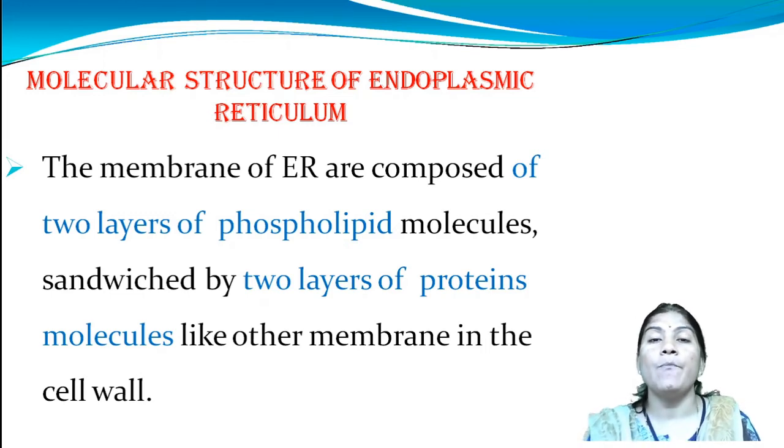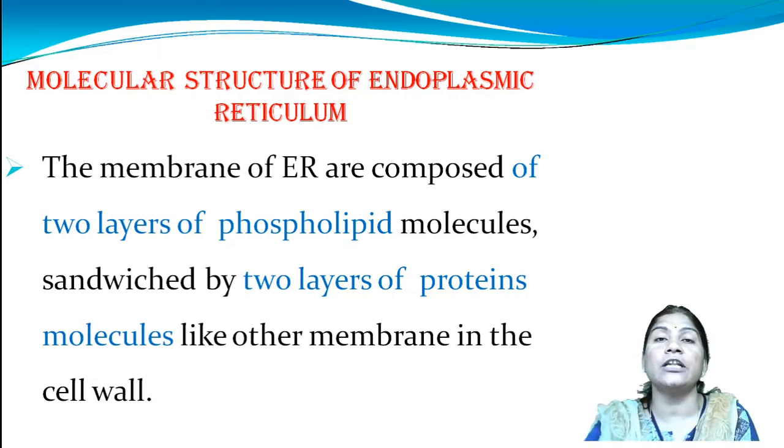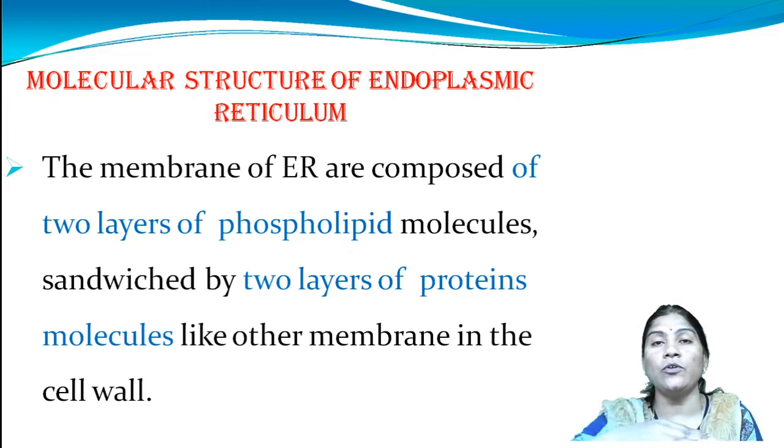Means here the membrane of the endoplasmic reticulum is sandwiched between the two layers of phospholipid and the two layers of protein, or we also say some are phospholipid molecules and some are protein molecules. They have different layers. They are sandwiched by each other.